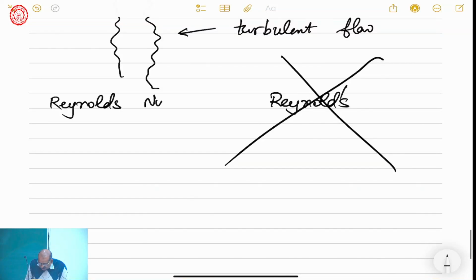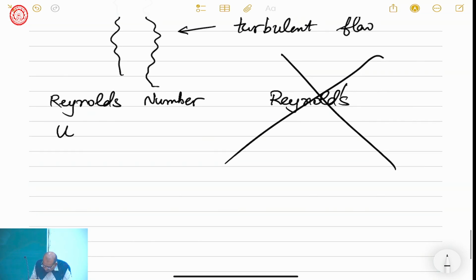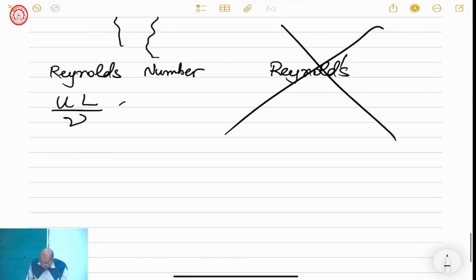Okay? And Reynolds came up with the criteria, and we call this Reynolds number, and this is UL upon nu, or rho UL upon mu.